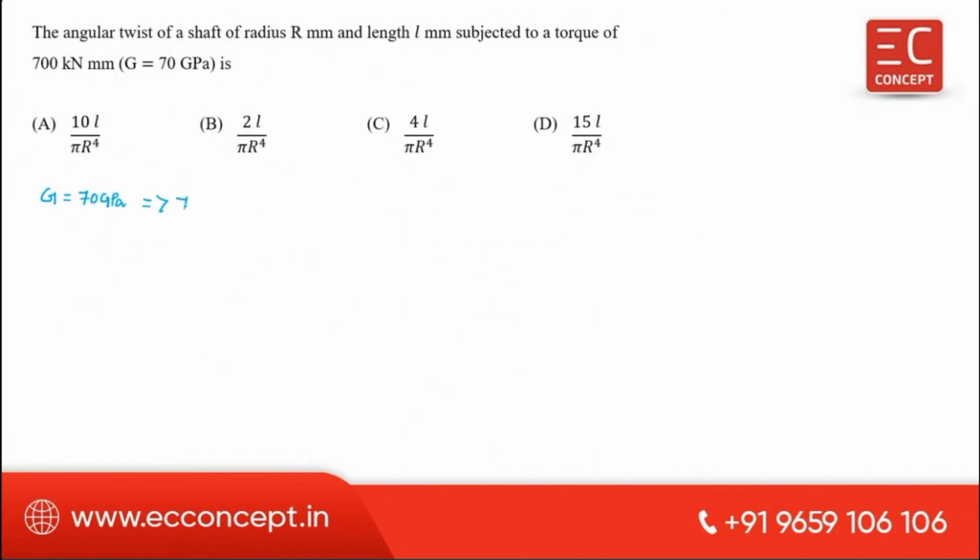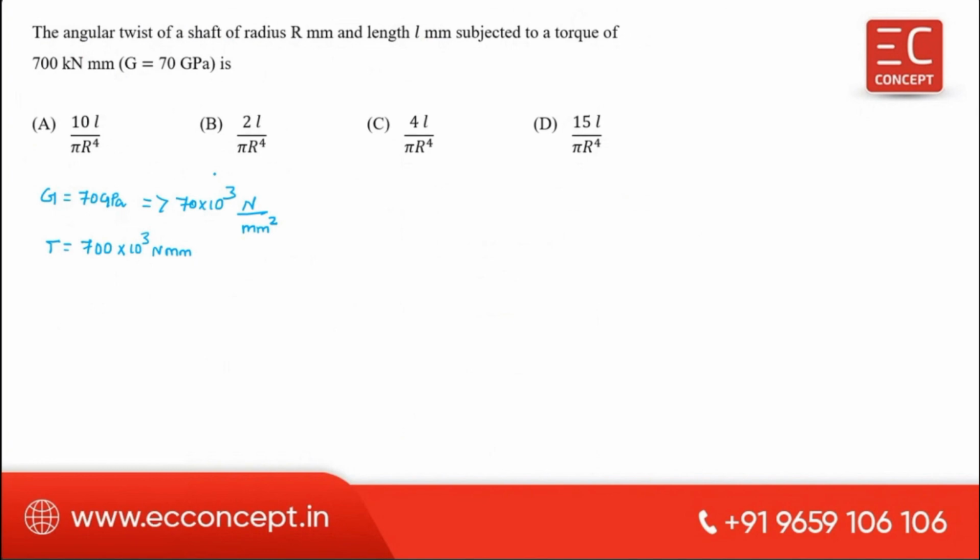So we can take this as 70 into 10 raised to 3 Newton per millimeter square. Similarly, T is equal to 700 into 10 raised to 3 Newton millimeter. So we can write it.